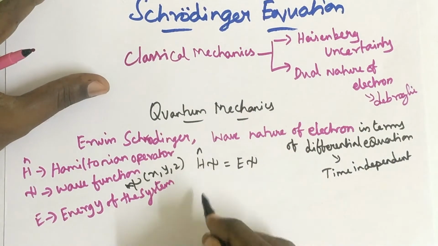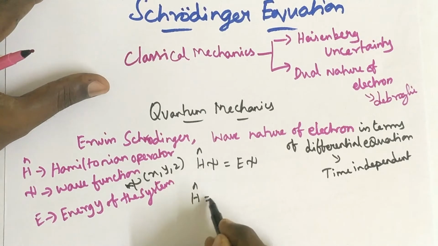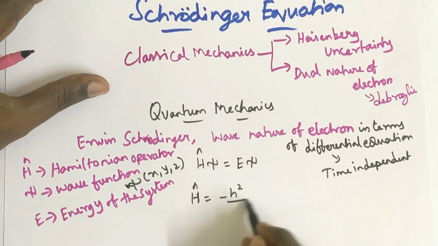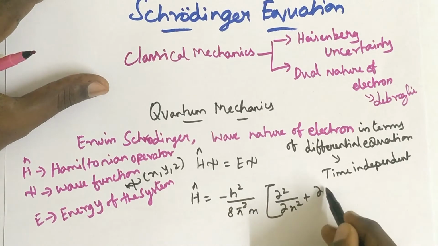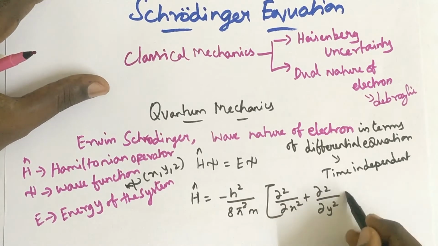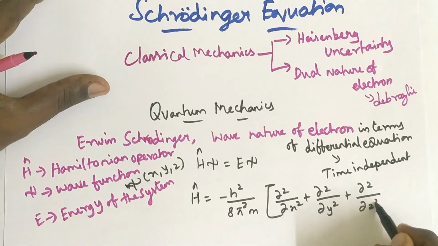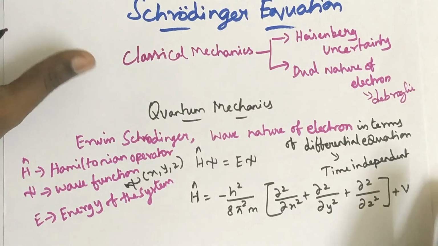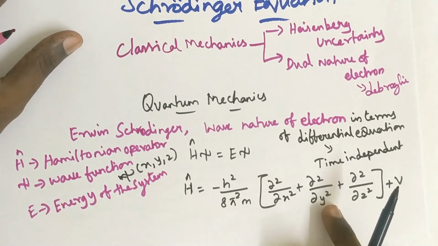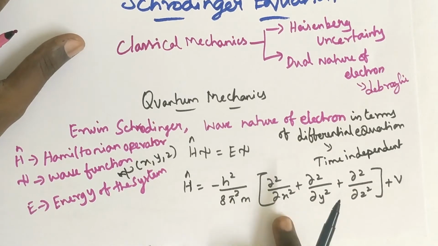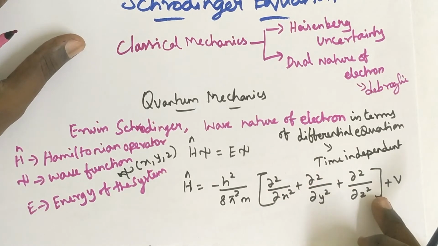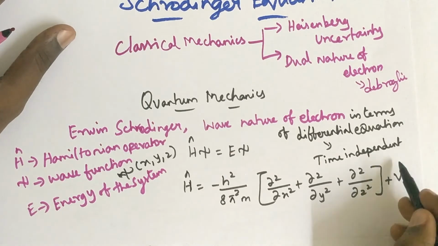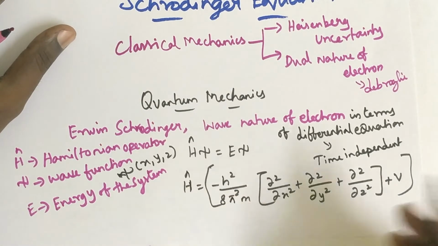The Hamiltonian operator is expressed as H cap equal to minus h square by 8 pi square m into dou square by dou x square plus dou square by dou y square plus dou square by dou z square, plus V. So this is H cap.